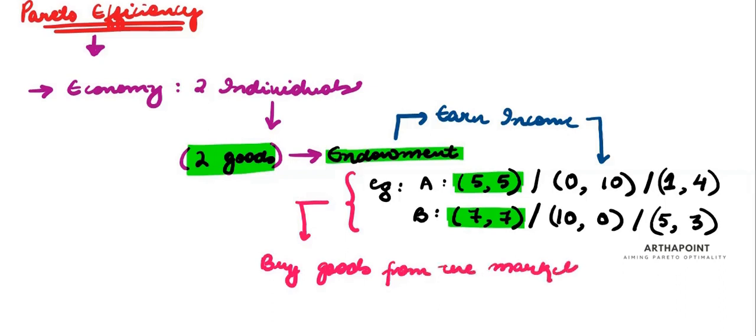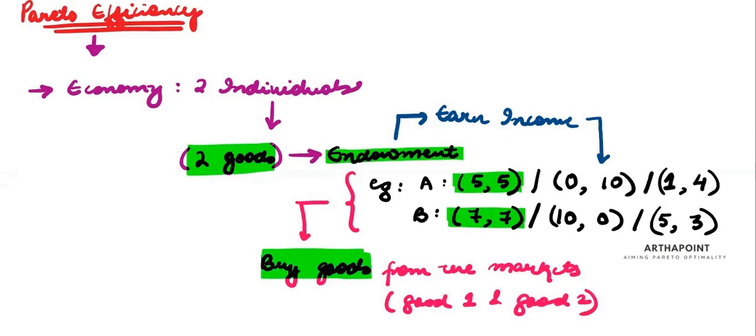Which goods will the individual buy? The same goods, good 1 and good 2. But they may not buy the goods in the same amount with which they entered the market. So, for example, individual 1 would have entered the market with 0 units of good 1 and only 10 units of good 2.